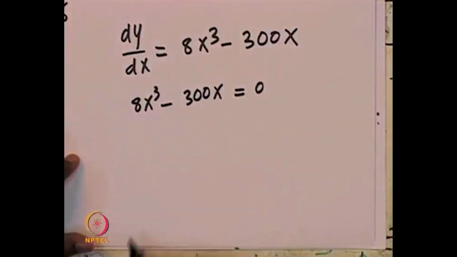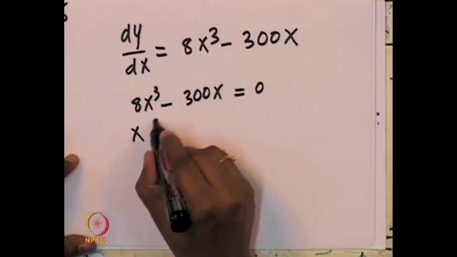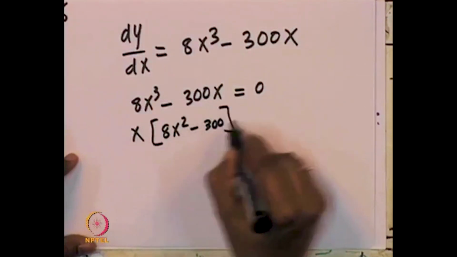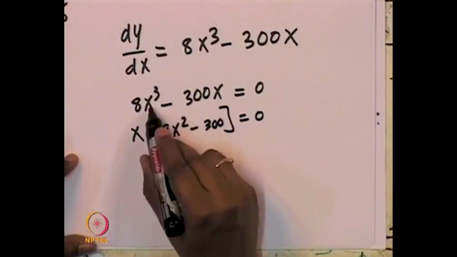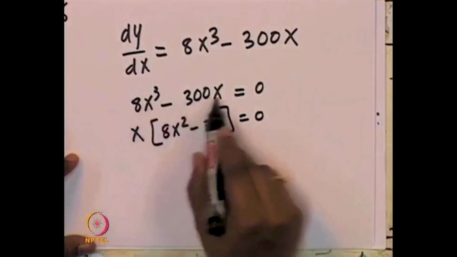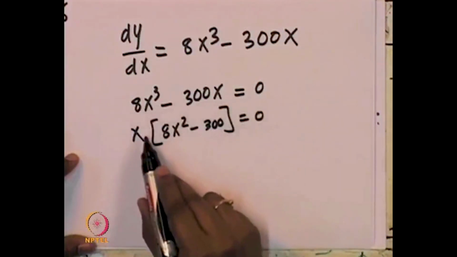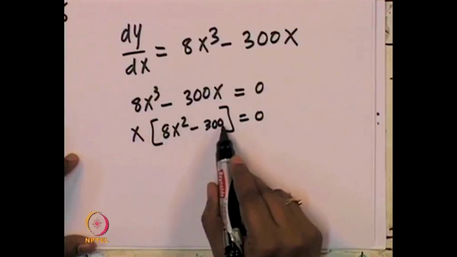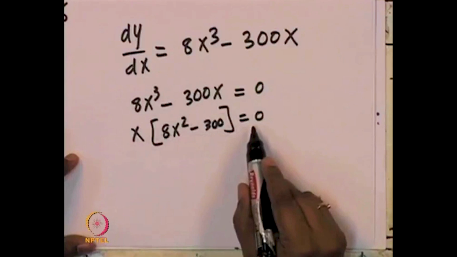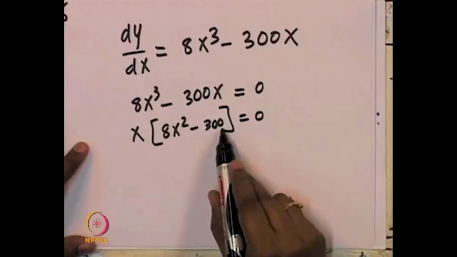Now the question is, what is x? I can take an x common and rewrite the left hand side as x times 8x square minus 300 equal to 0. So if this is equal to 0, this means either x equal to 0 or 8x square minus 300 equal to 0.